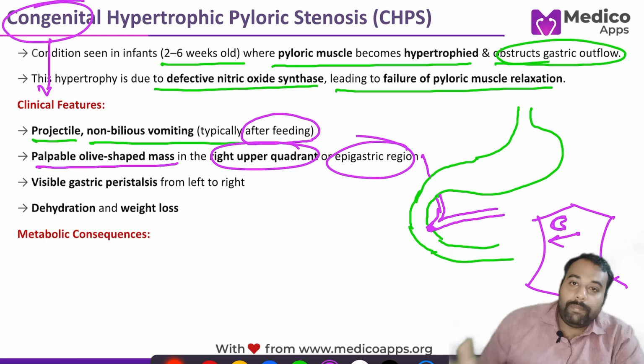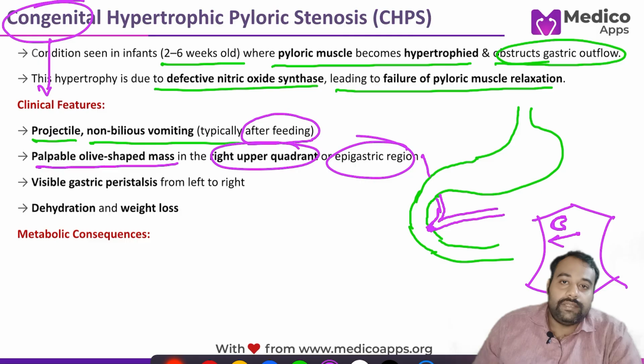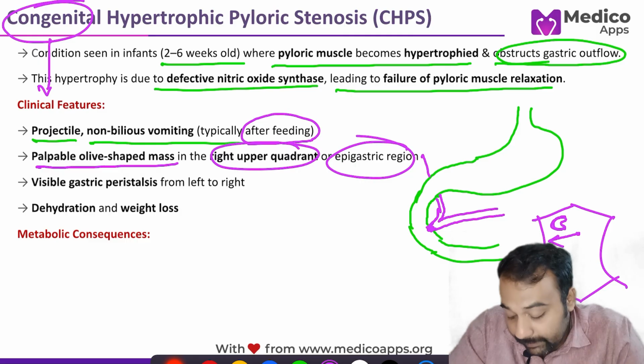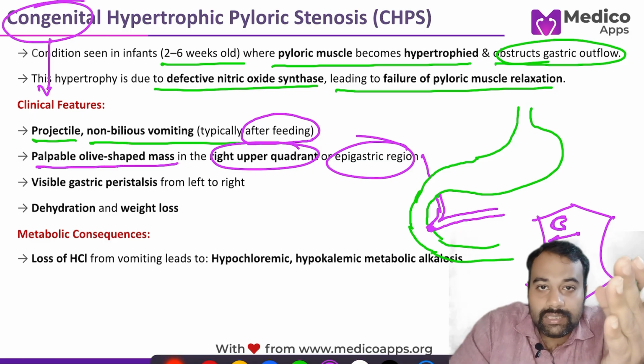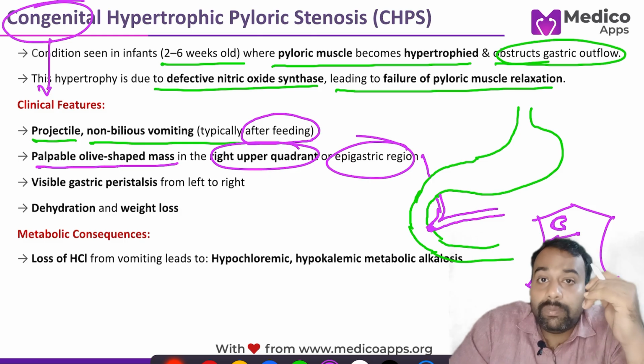Now the most important point, the examiner's favorite point, is the metabolic consequences. You need to understand these things very clearly. The patient presents with repeated episodes of vomiting.